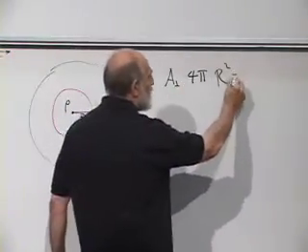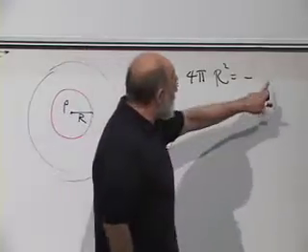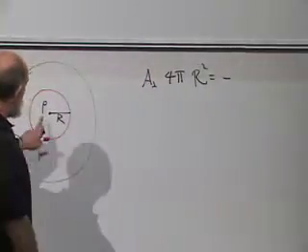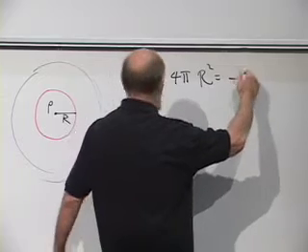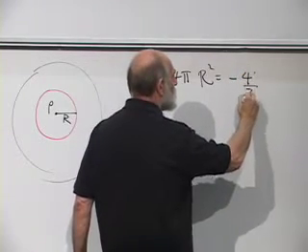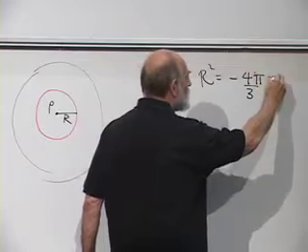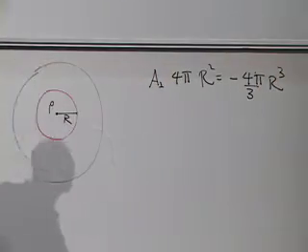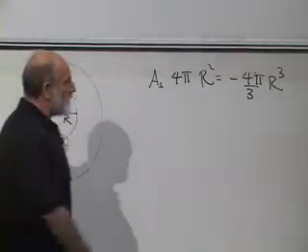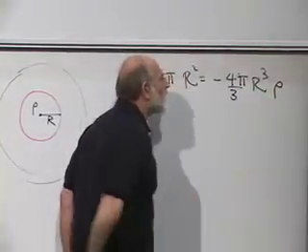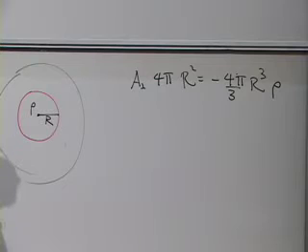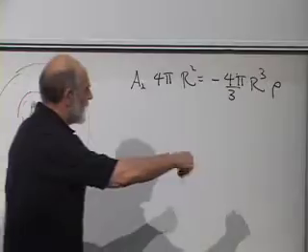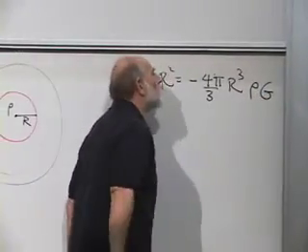This is equal to minus the mass within the sphere, and the mass within the sphere is the volume of the sphere, 4/3 pi r cubed, times rho. I think I got it right. Oh, on this side. G, good, thank you.